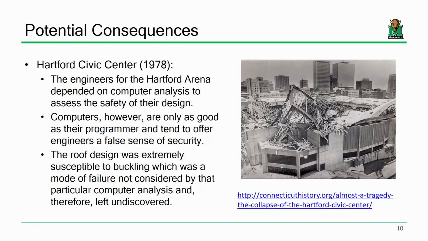And when people make mistakes, it can really be a problem. The picture shown here is an engineering disaster that occurred in Connecticut, when there was a ballroom that had been poorly designed because, if I remember correctly, they didn't put in reasonableness checks.